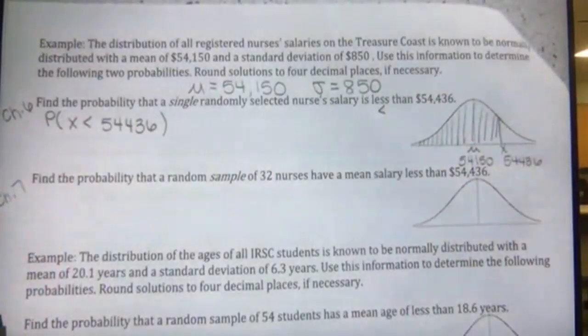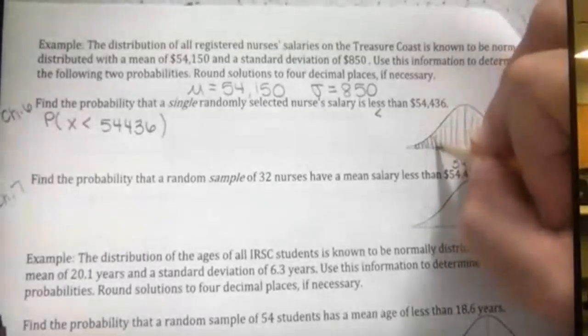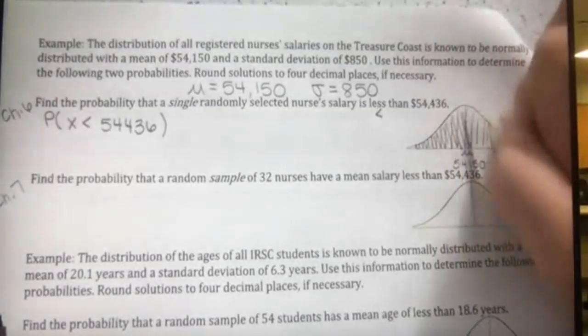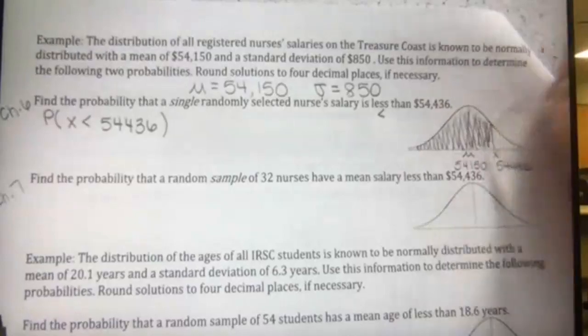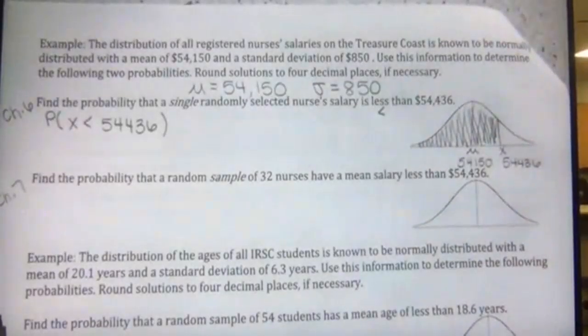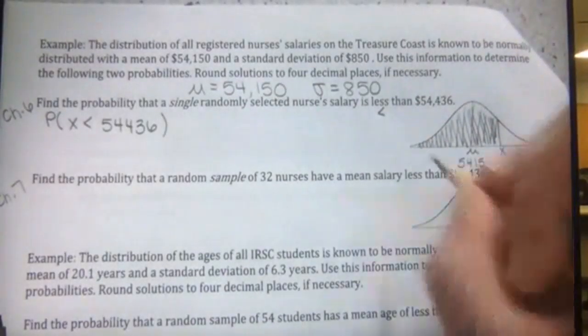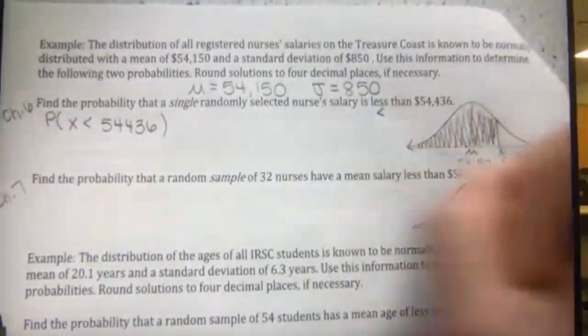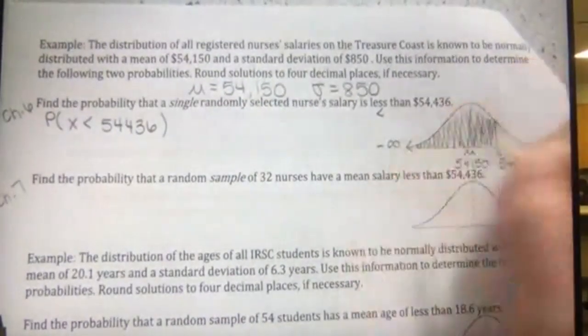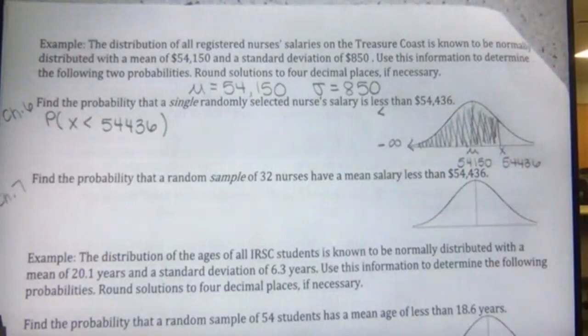So just kind of recapping what we did last class. Remember, this graph goes on forever. It's going on forever to the left towards negative infinity. In order to find the probability, we know the probability is going to be the shaded area.